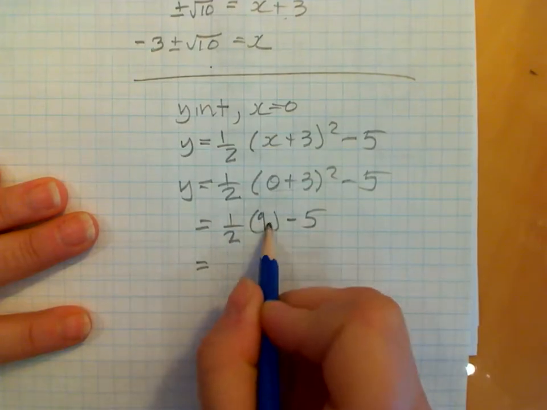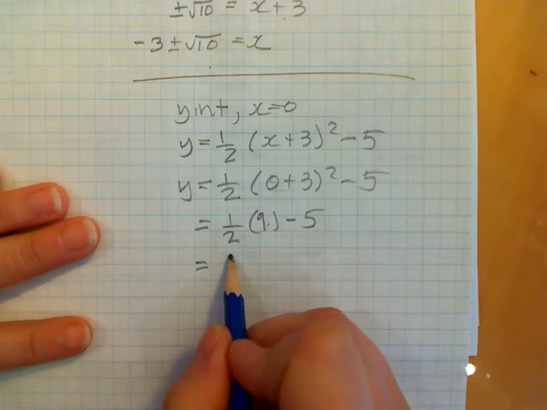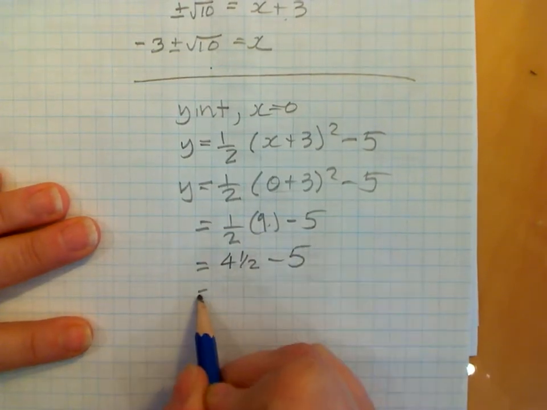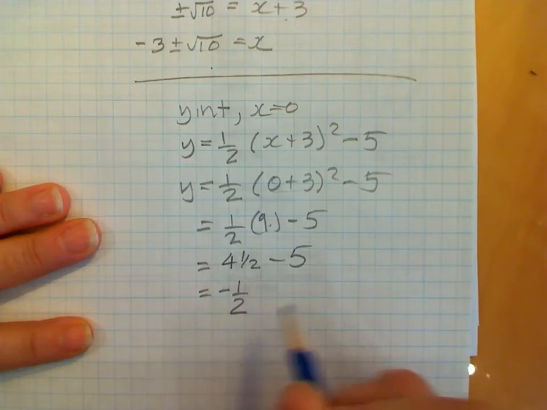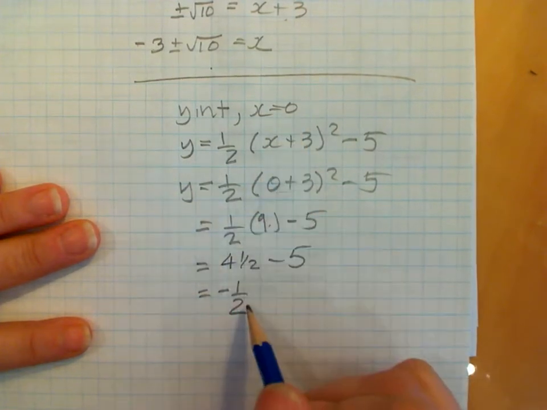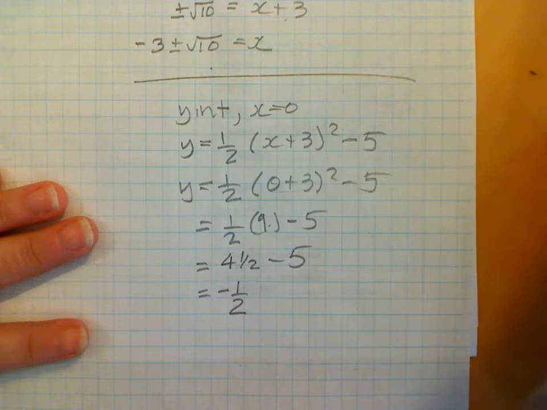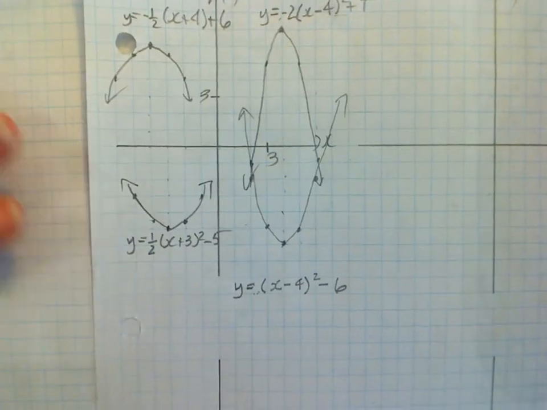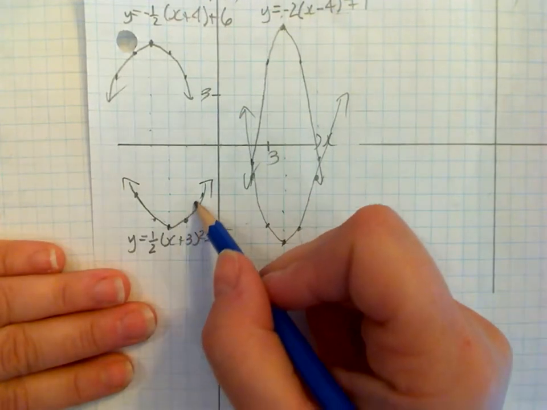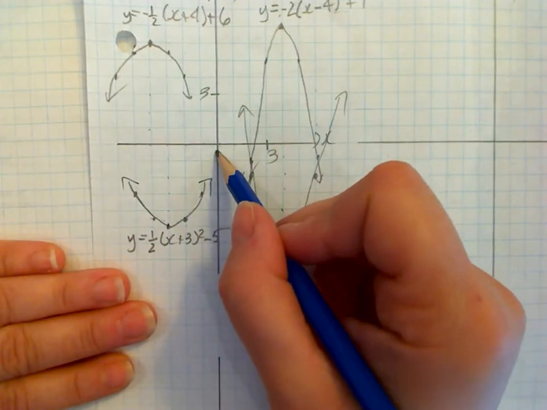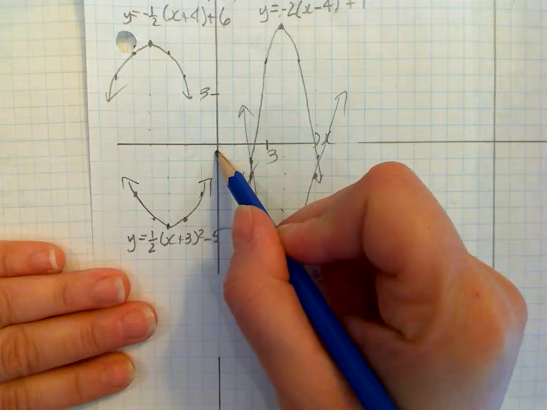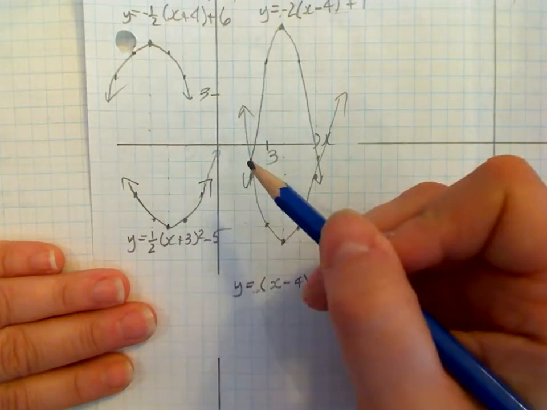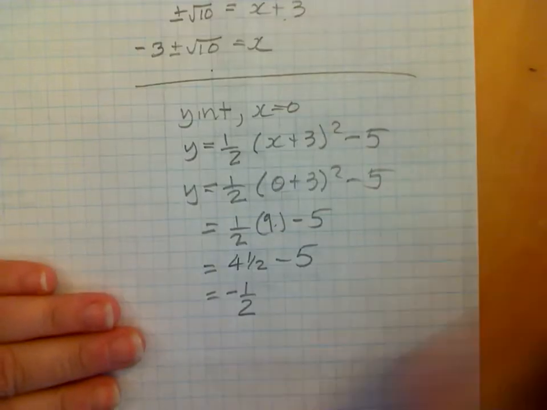And half of 9 is 4.5. And 4.5 minus 5 is minus 1/2. So when x is 0, y is minus 1/2. That looks like it makes sense, because for my graph, if this kept continuing, when x was 0, y would be minus 1/2. That totally is in line with where that was going. Excellent.